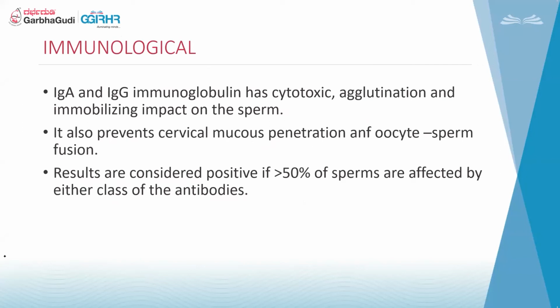Basically IgA and IgG immunoglobulins are produced, and they have a cytotoxic, agglutination and immobilization impact on the sperm. They also prevent cervical mucus penetration and oocyte-sperm fusion. The result is considered positive if 50% of the sperm are coated with these antibodies.